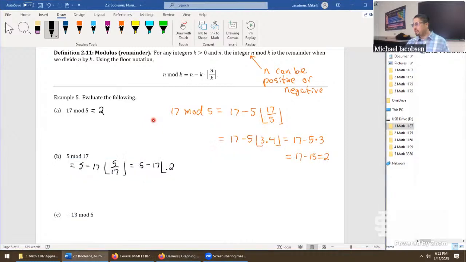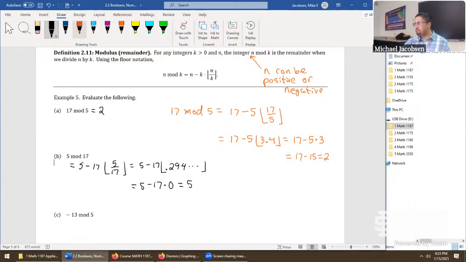Excuse me, 0.294. But that means the floor of this one is just going to be a 0 altogether. We get 5 minus 17 times 0, which gives us a result of 5 altogether, which is what we were expecting here. Any questions, folks, with that value so far?